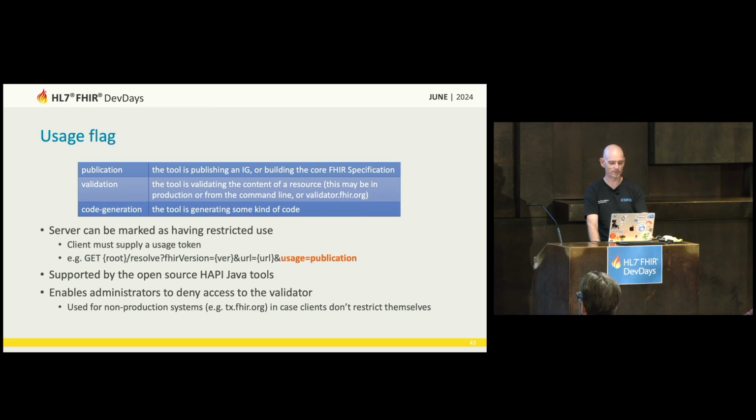So there's this particular flag that you may have to pass through for that particular endpoint to declare what you're using it for, otherwise it might reject your request. Or not give you the endpoint that you need to use. And this is already supported by the FHIR tools.